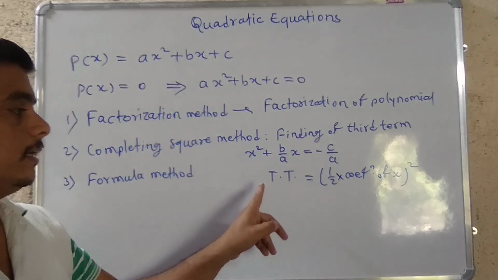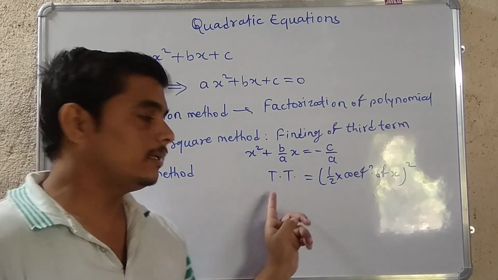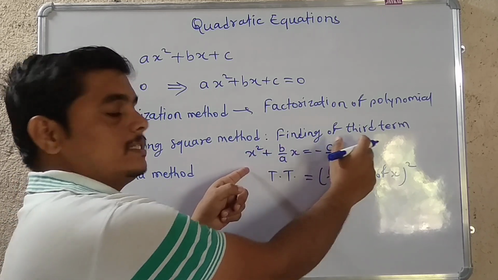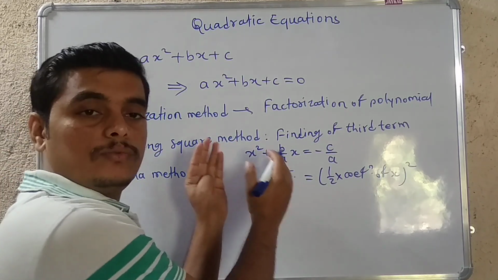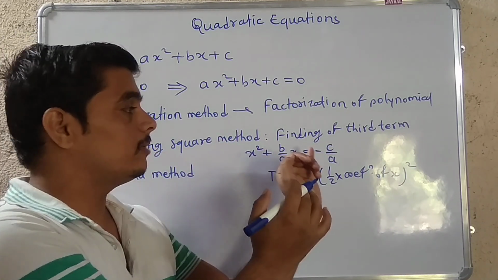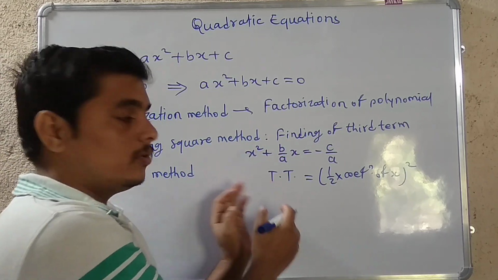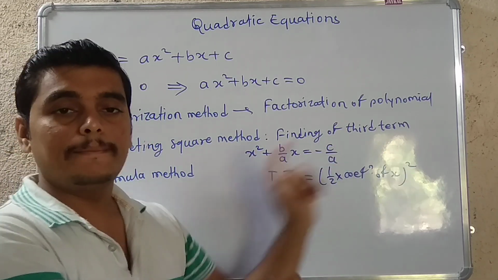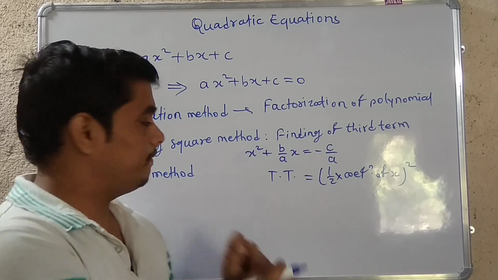Then we add this third term to both sides of the equation so as to get a square on one side. So we call it the completing square method, and then taking its square root, you will get the two values on the right hand side.